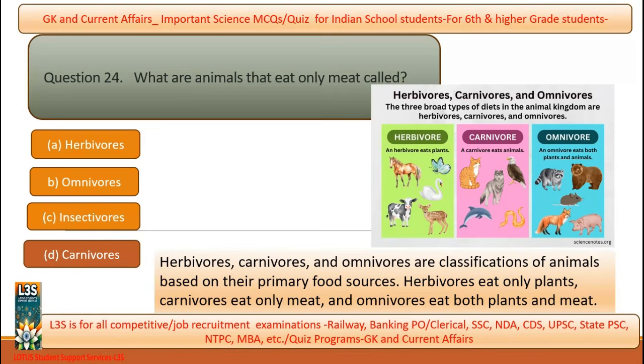Here in the picture we can see some herbivore animals: horses, deer, cow, butterfly, swan, and carnivores. It may be tiger, dog, some birds which only eat animals, then some omnivore animals.